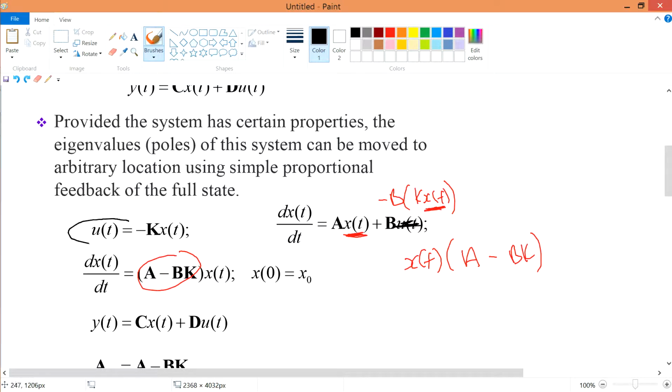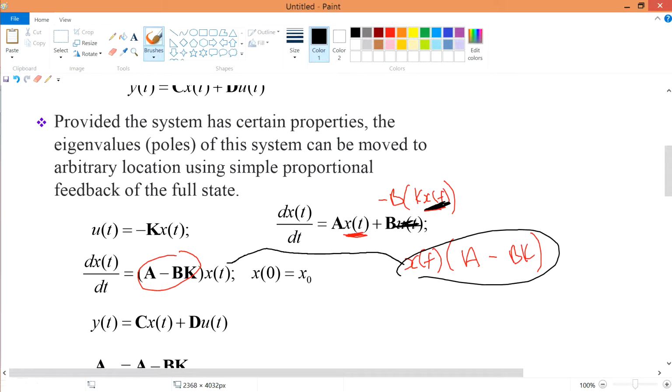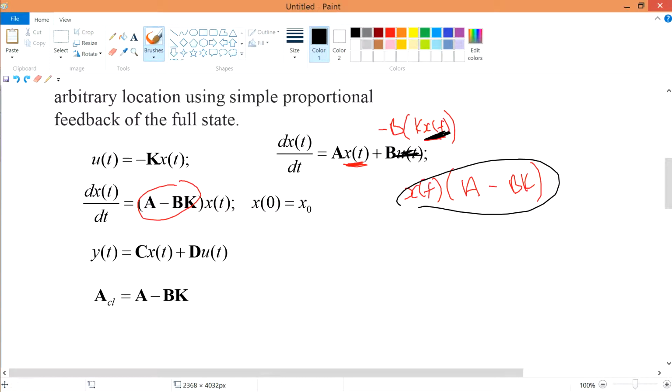I sub in u(t) as this. You factorize out the x(t), and the rest is A minus BK. This equals dx over dt, with this initial condition. This A minus BK is our A_CL, the closed loop.